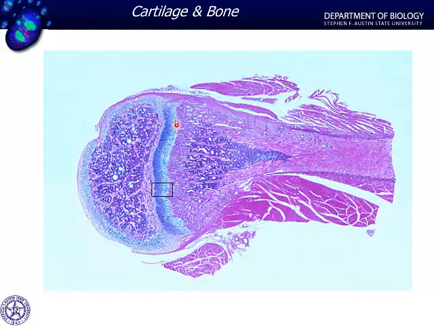So in our illustration here, we can see our epiphyseal growth plate, and we can see how this color along the middle is much more indicative of what we see with cartilage than this more eosinophilic look that we have to our bone matrix. We're going to identify different regions within this epiphyseal growth plate.